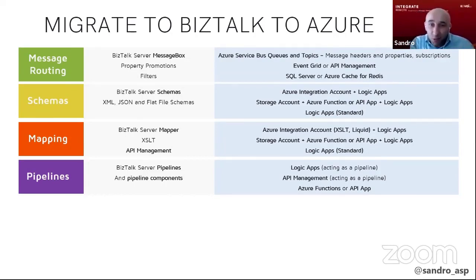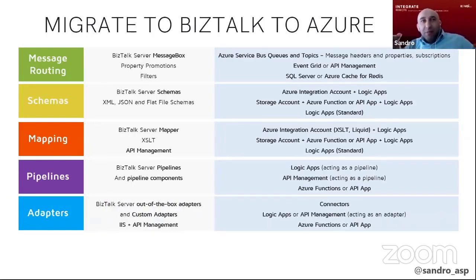This is what BizTalk does in a pipeline, most of the time. Or you can use code again, as a function or API app, depending on the taste, depending on the requirements. You want low latency, or it doesn't need to be low latency. You want to have more control on the cost, and so on and so forth.